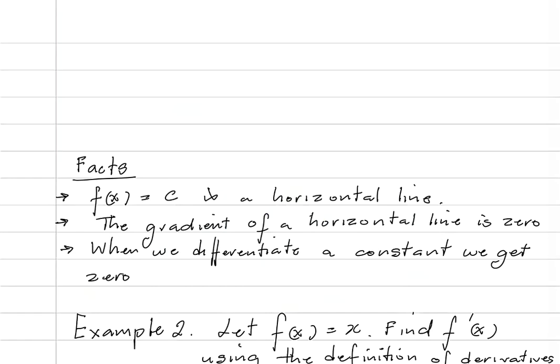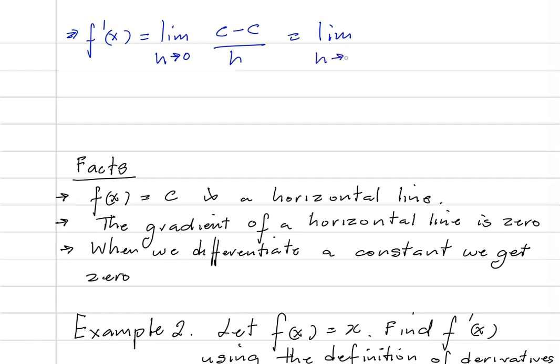Therefore, f prime of x would be equal to the limit as h approaches 0 of c minus c over h, which is the same as the limit as h approaches 0 of 0 over h, which is the limit as h approaches 0 of 0.